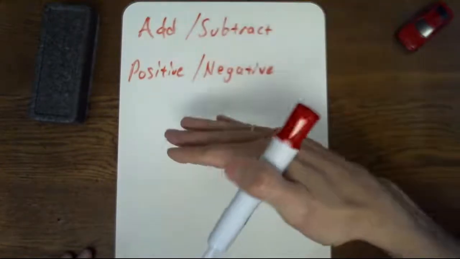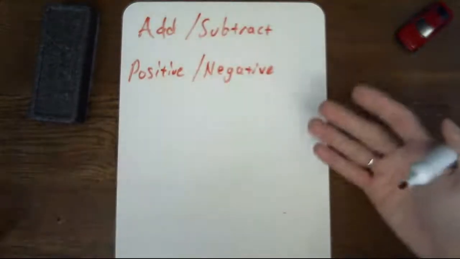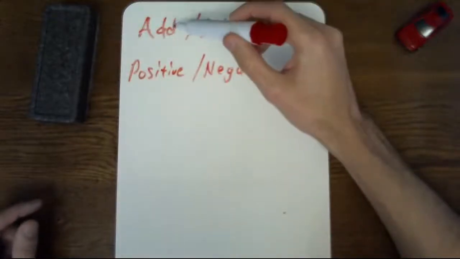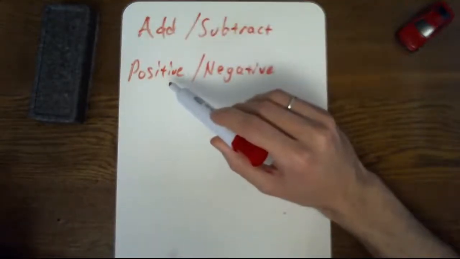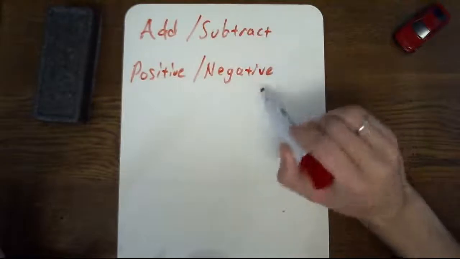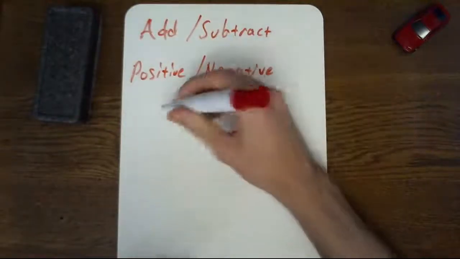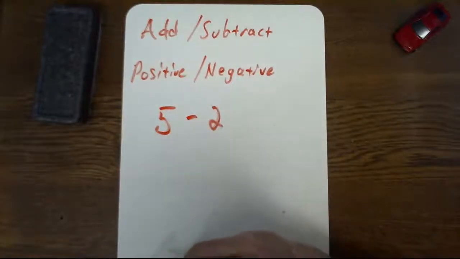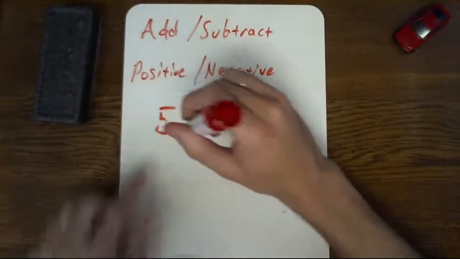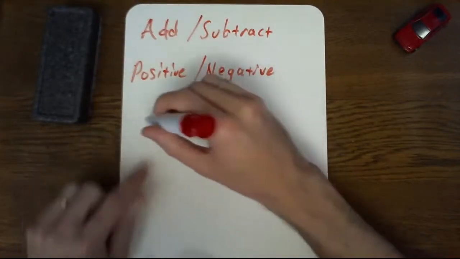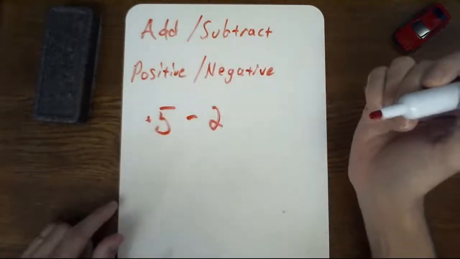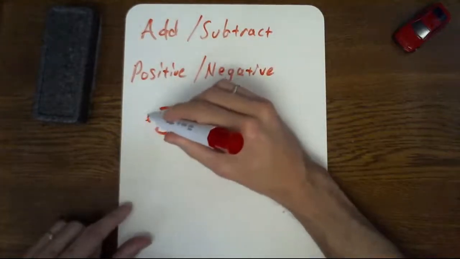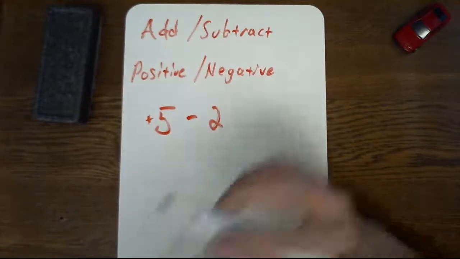When you're translating just one number out of a bigger problem, usually if you're adding it, you can think of that as a positive number, and usually when you're subtracting it, it'd be a negative number. So here's what I'm talking about. 5 minus 2, easy example. There's no plus sign here, but it's implied that this is a positive 5.